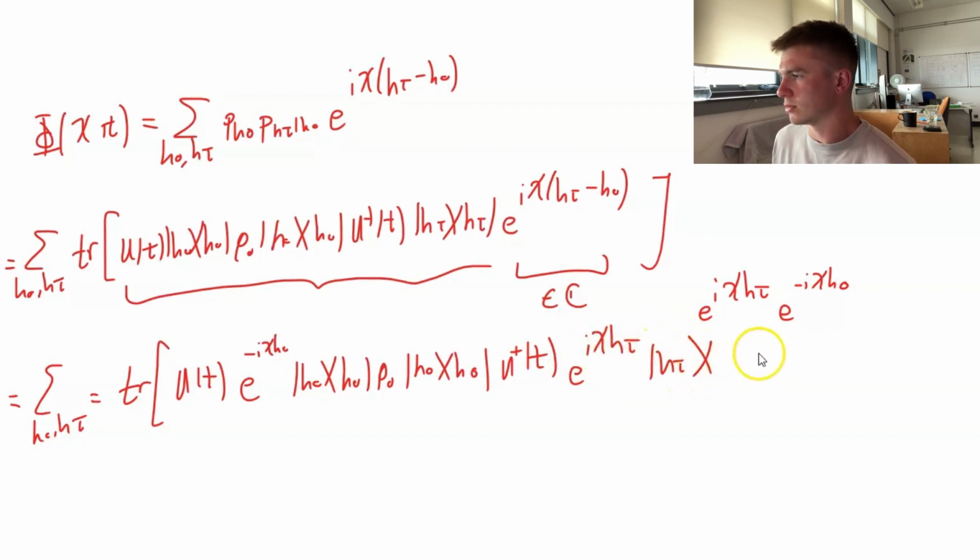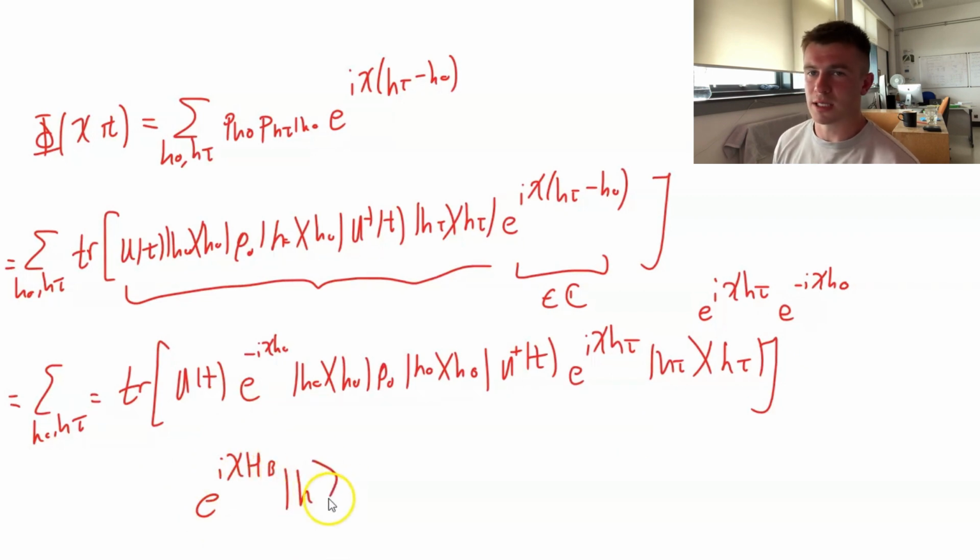Why have I done this? Well, it's because e^{iχH_B} acting on one of these eigenstates is simply going to be e^{iχ} times the eigenvalue, times the eigenstate.